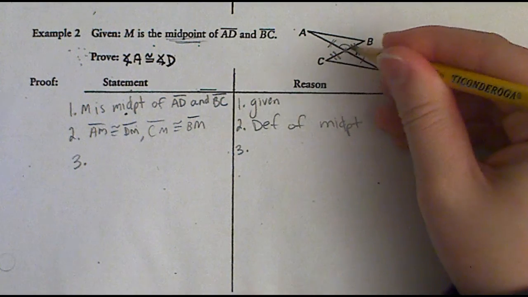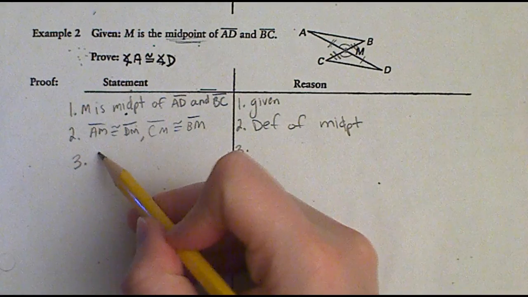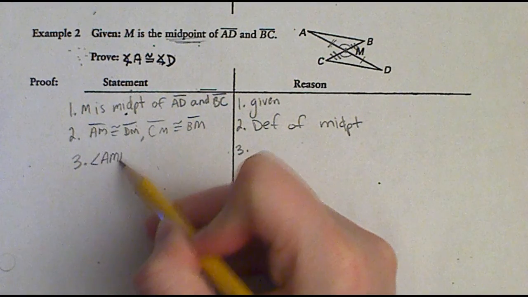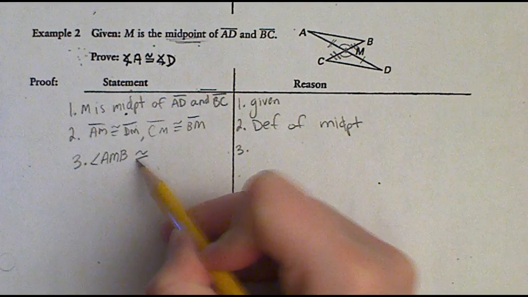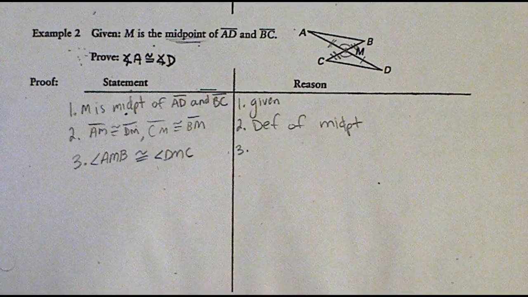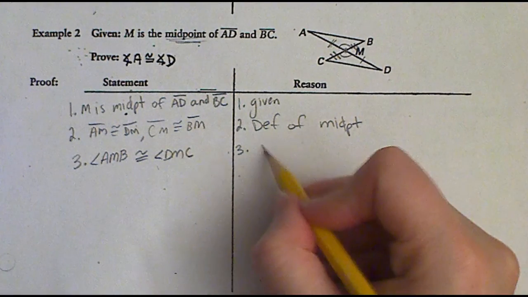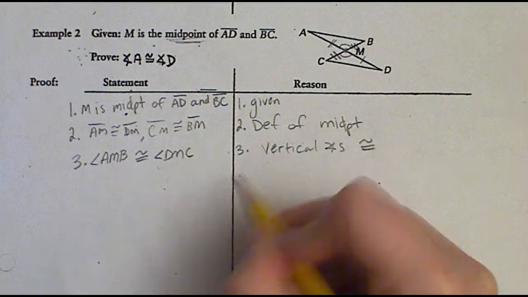Here are my vertical angles. I'm going to name those angle AMB. Remember, the vertex is always the middle letter. So that must be congruent to angle DMC, and that's because vertical angles are congruent.